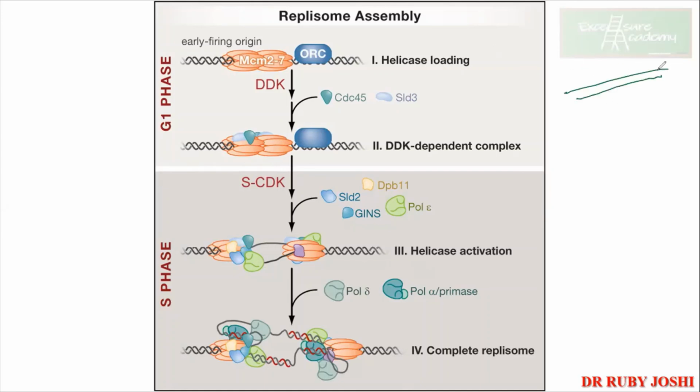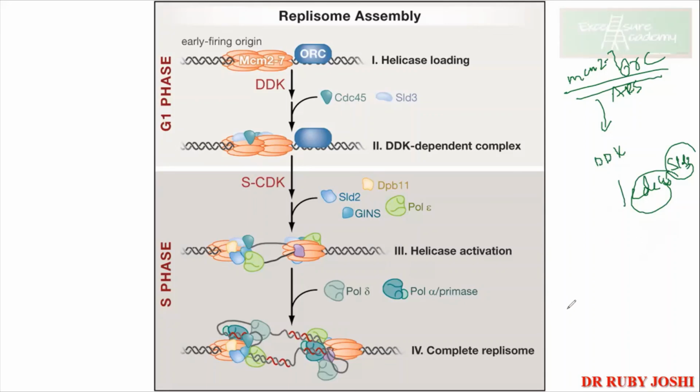Okay, we have got the DNA, here is the ARS, over this came the ORC, the ORC recruited the MCM2-7 here, then DDK came. Along with the DDK you have got the CDC45 and SLD3. Okay, what will be the next step? DDK is going to get bound to the MCM2-7. Then next S-CDK is coming.